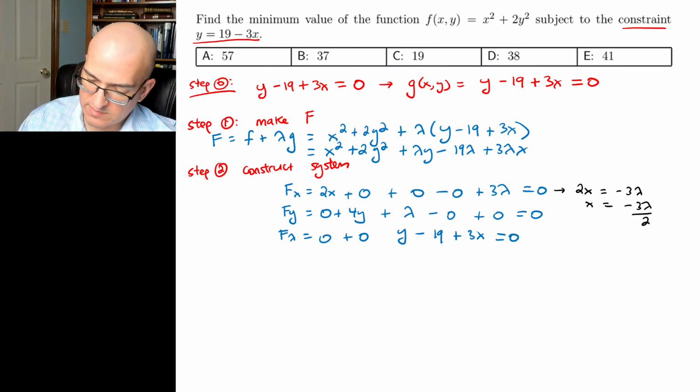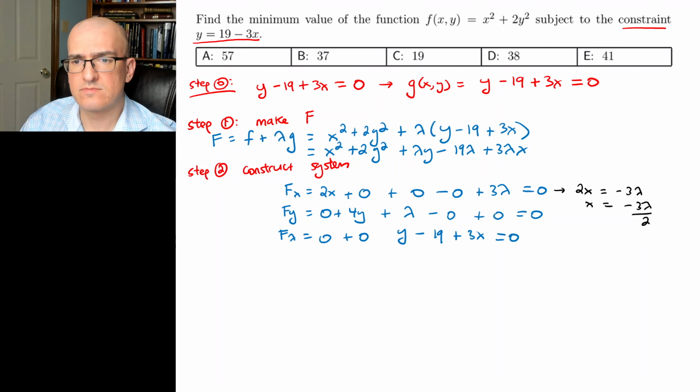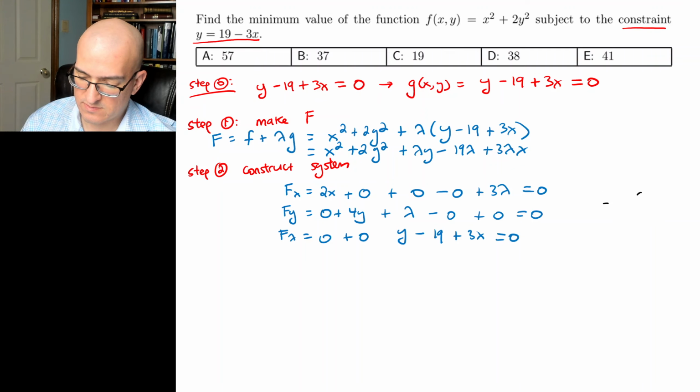Oh wait, I don't want to do that. I'll isolate for lambda instead. You'll see why in a moment. So I'm going to have 3 lambda is equal to negative 2x. So lambda is equal to negative 2x divided by 3. Now I'm going to plug that into the fy equation.